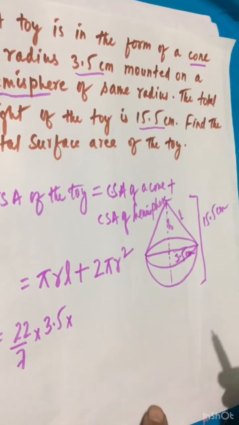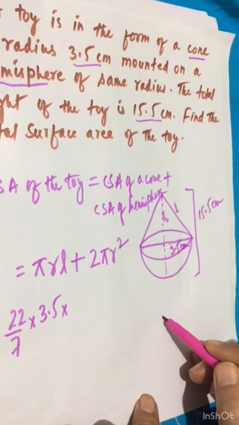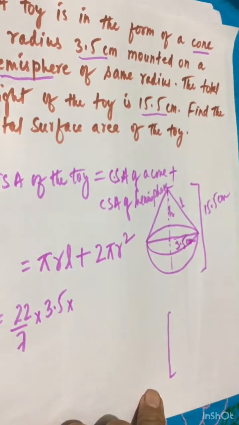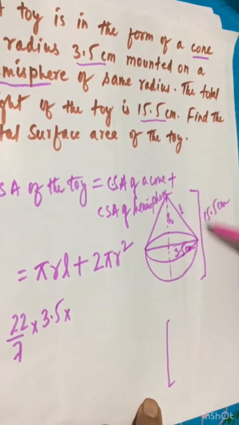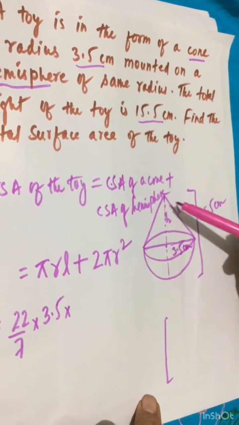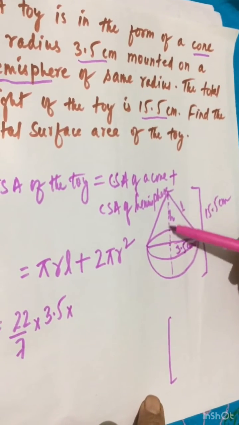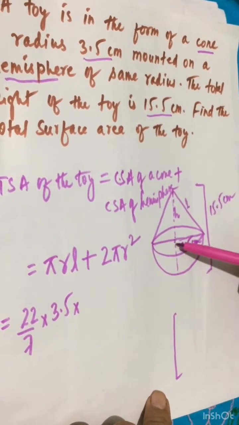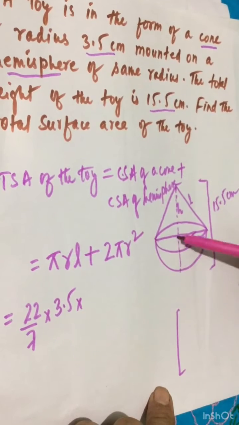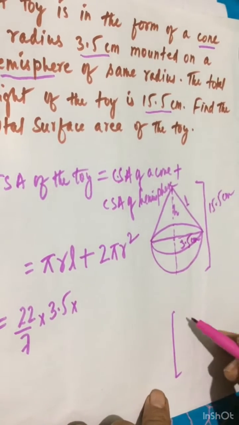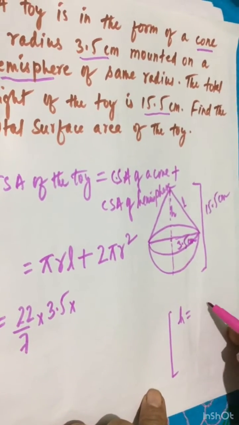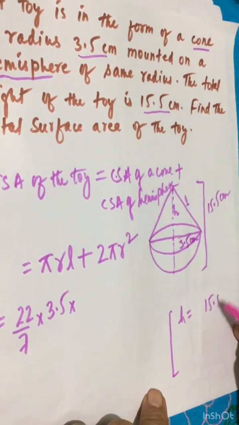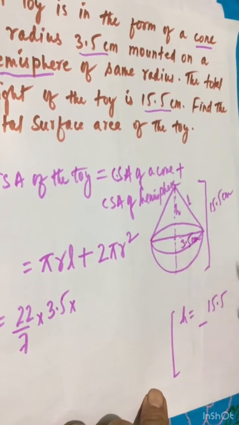Let me show first how much h is. The total height is 15.5. Only this portion will be the total minus the hemisphere height. Hemisphere height means the radius here, the same. That means the height of the cone will be total minus 3.5.